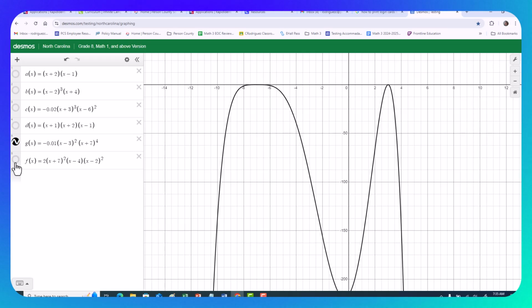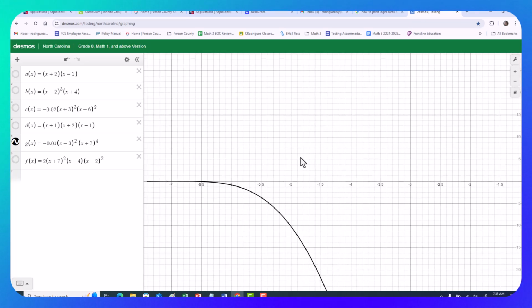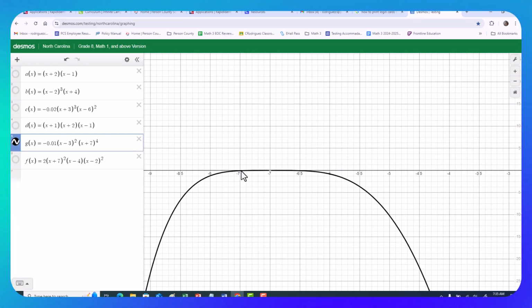Okay, now we can also check our roots. I'm going to zoom in to do that because it's really hard to see so close what happens here. See, I said that there was a root at negative 7. Yep, there's a root right there. And I said that there was also a root at 3.